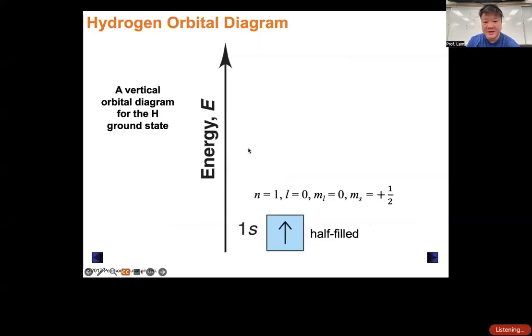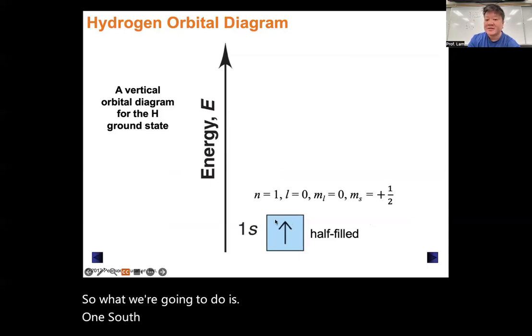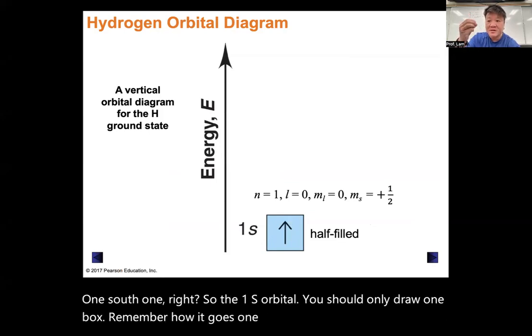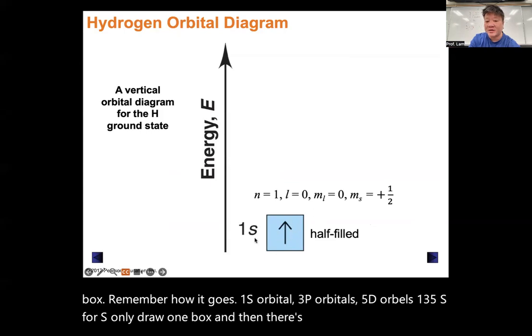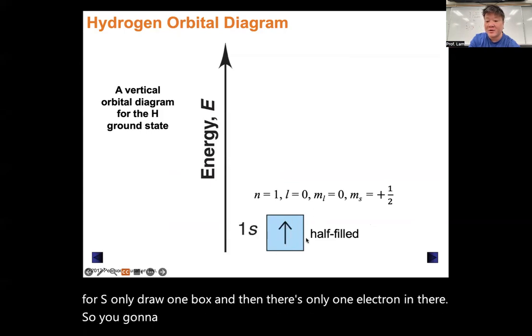So what we're going to do is 1s, 1, right? So for the 1s orbital, you should only draw 1 box. Remember how it goes: 1s orbital, 3p orbitals, 5d orbitals, 1, 3, 5. So for s, only draw 1 box, and then there's only 1 electron in there, so you're going to put an up arrow, okay?